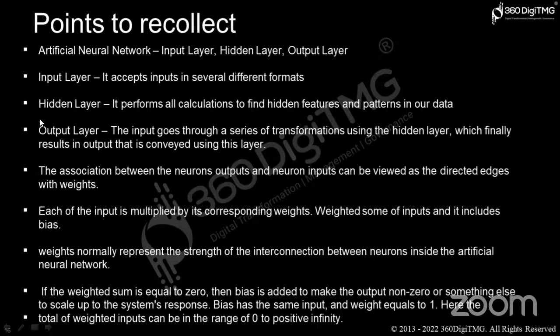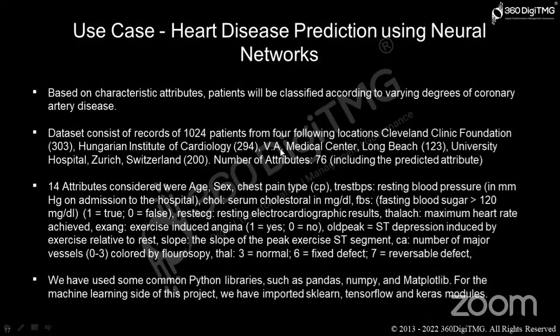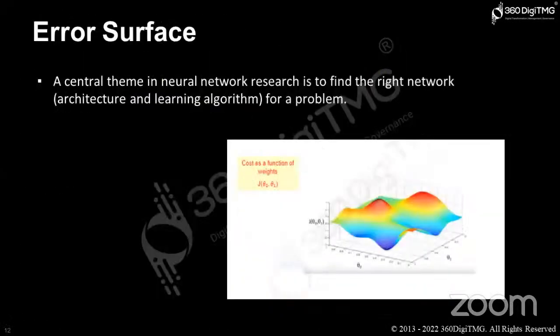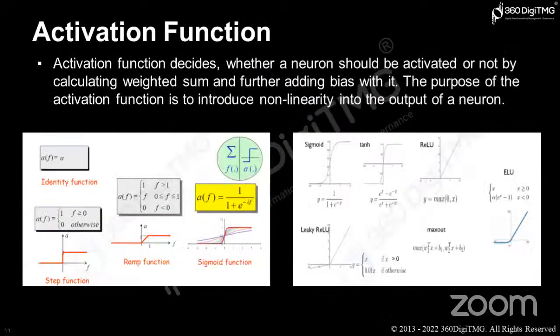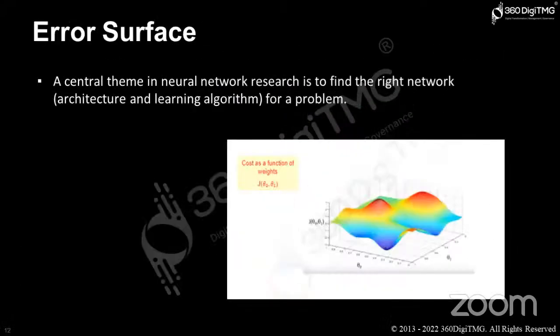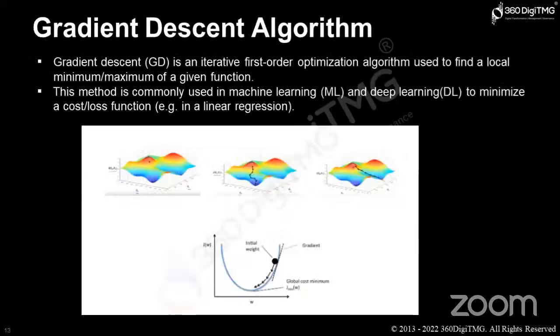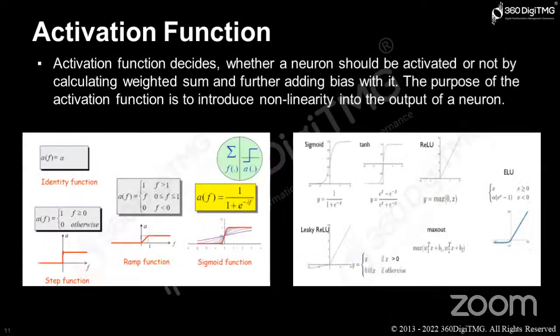The weights normally represent the strength of interconnection between different neurons. We have also seen the different activation functions, the different error functions, and the gradient descent algorithm.